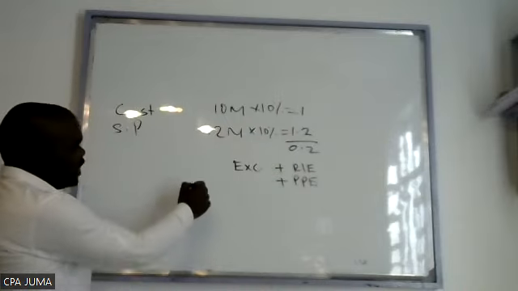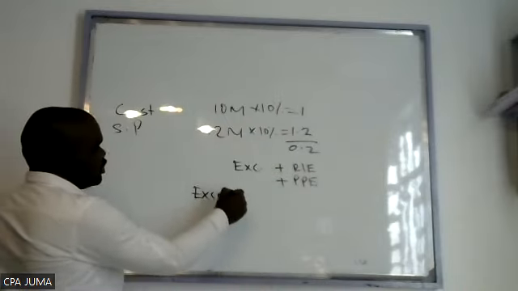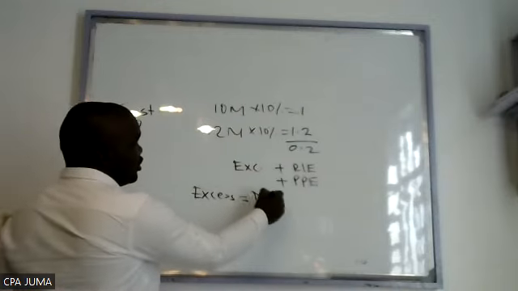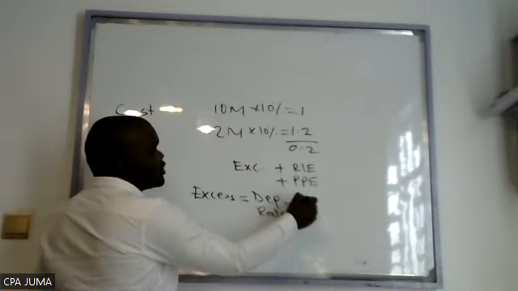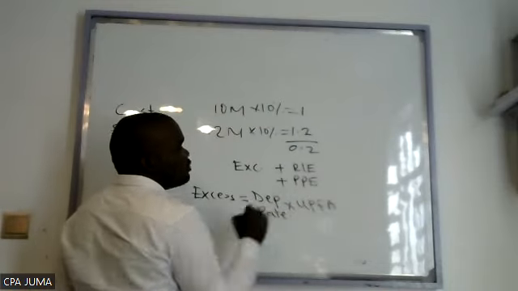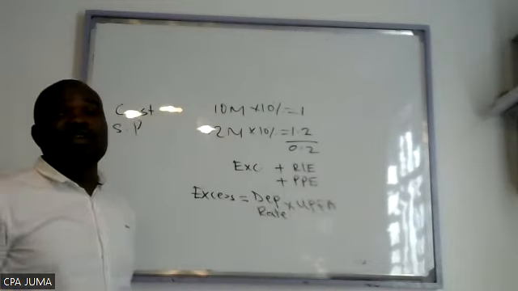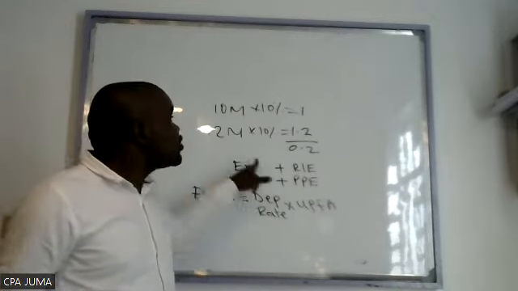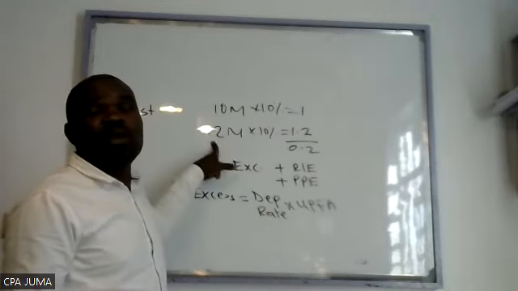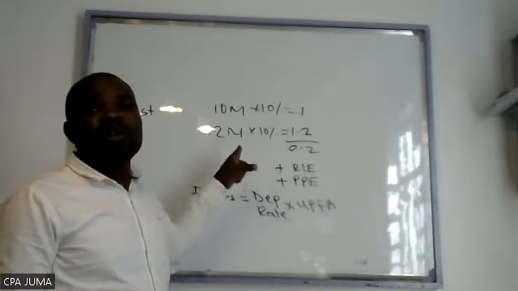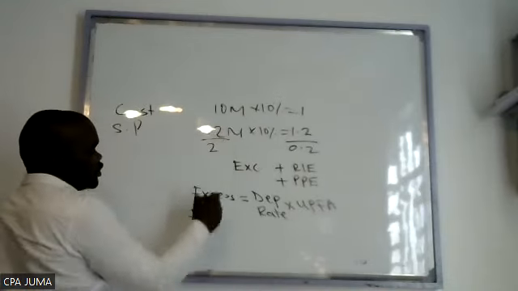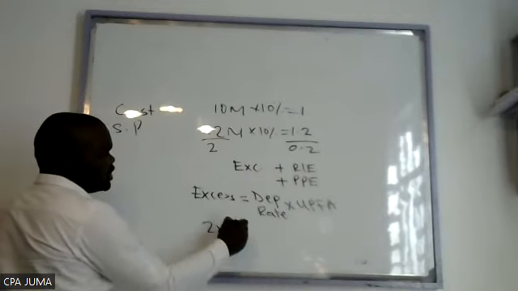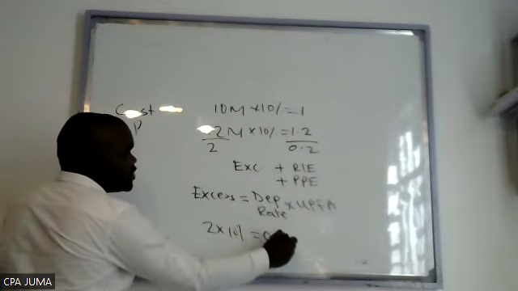But now, how will you calculate the excess depreciation? Excess depreciation, you will take the depreciation rate times UPFA. That is how you get the excess. Because UPFA, this 2, is what is bringing the problem. It is what is not supposed to be depreciated. So like in this case, profit is 2. So you just take 2 times the 10% and you get 0.2.